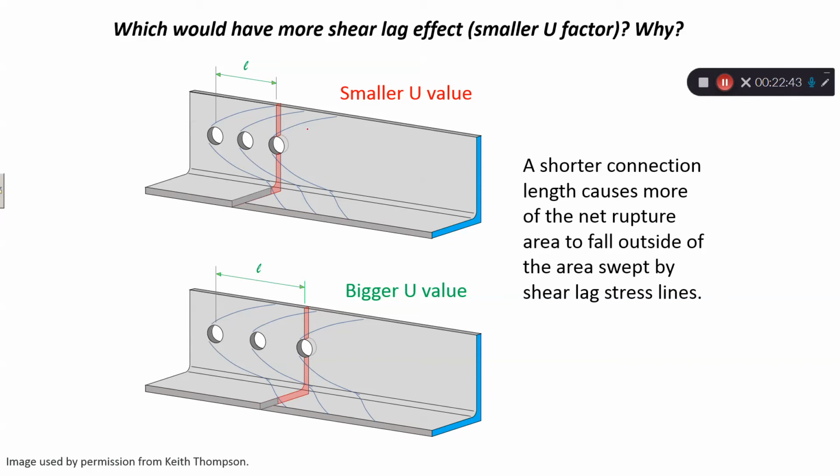You will see that a shorter connection length causes more of the net rupture area to fall outside of the stressed area, so the shorter connection has more unstressed area.